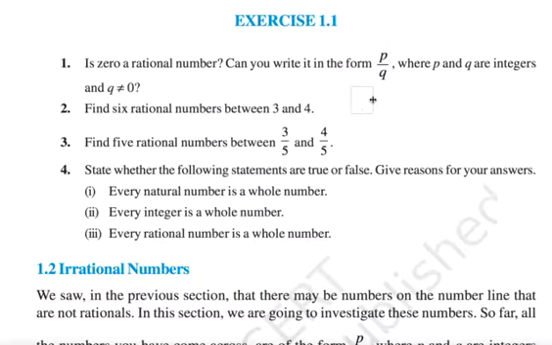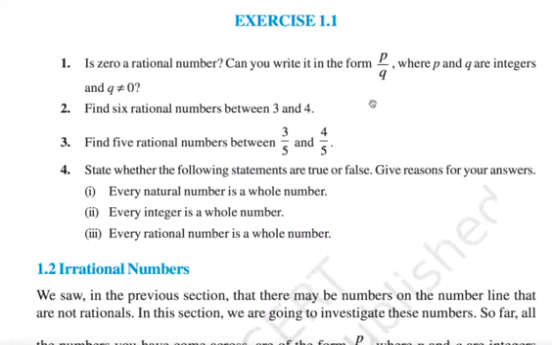So 19 by 6, 20 by 6, 21 by 6, 22 by 6, 23 by 6 are the 5 numbers. Now you can easily multiply with 1 by 5. That is the easiest way. We take 1 by 5 common outside.